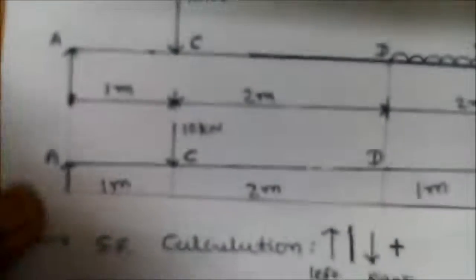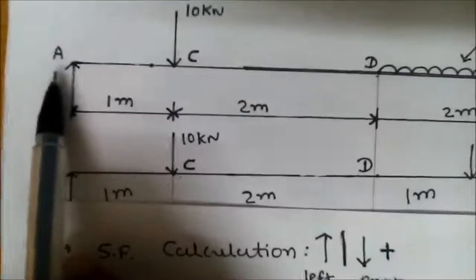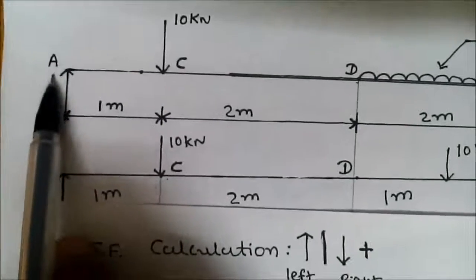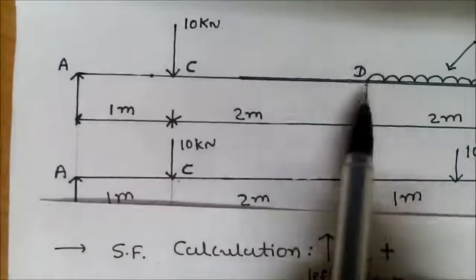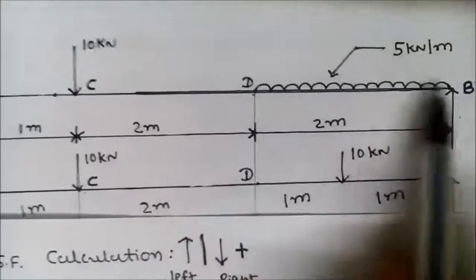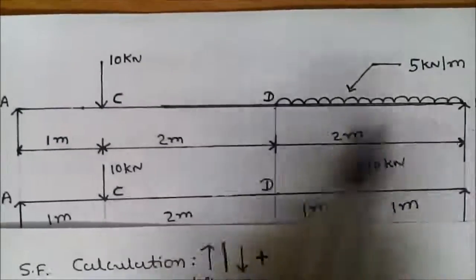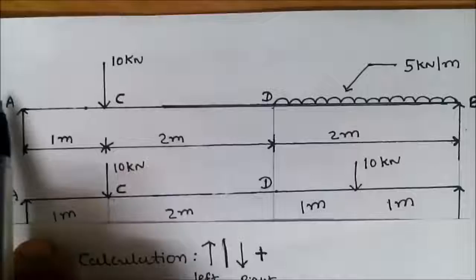So in our example, first left side point is A, then C, then D, and last point is B. So we start calculation from left side.